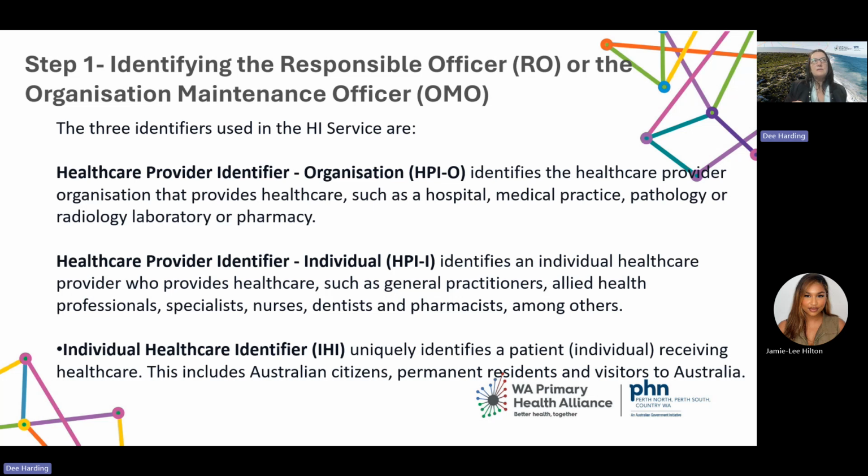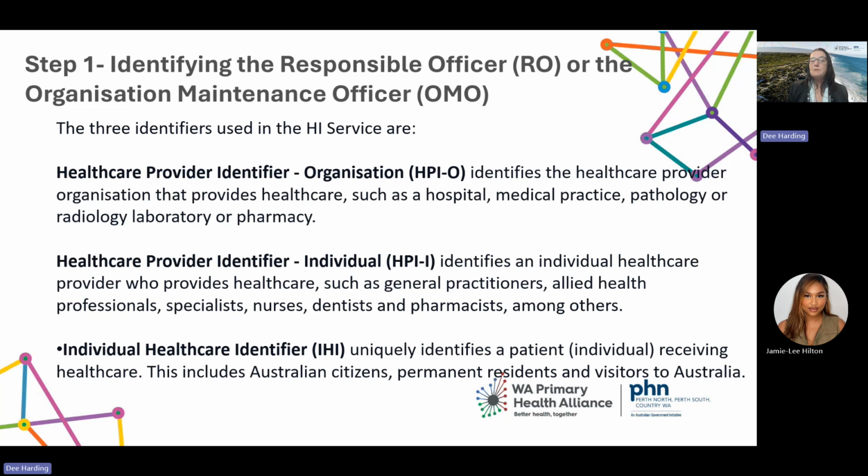Now, I know I said that some relevant staff will also have a health provider identifier. You may have some non-clinical people, but I just want to flag the point of difference. For example, your cleaning staff will not be provided with a health provider identifier because they have no need to access the clinical records.